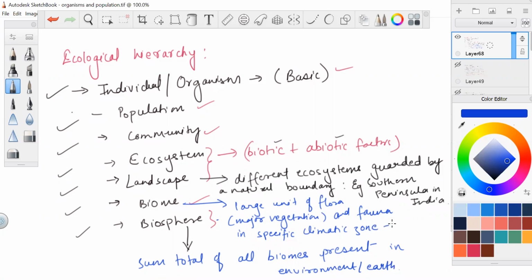You can say terrestrial or aquatic biomes. They also comprise flora and fauna, but at a specific climatic zone. And biosphere is the sum total of all biomes present on earth.